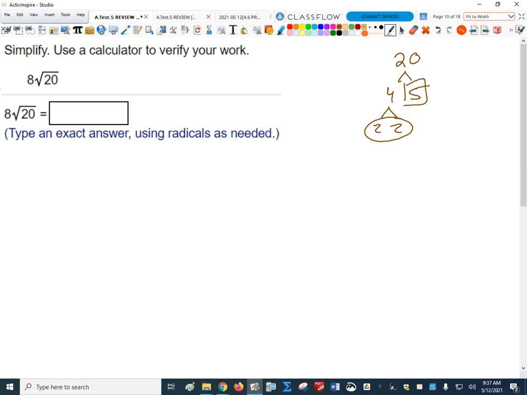So Brooklyn, what am I going to get then for my answer? For the square root of 20 part. It's okay, it's the other way around, right? Think about that. What's our saying on that one? There we go. Okay, so here's the saying. The saying is, couples go out, singles stay in.